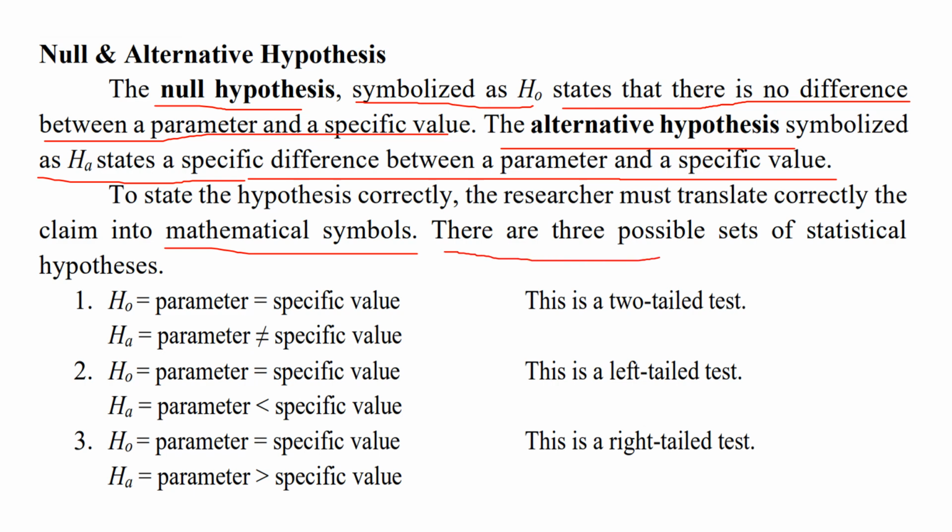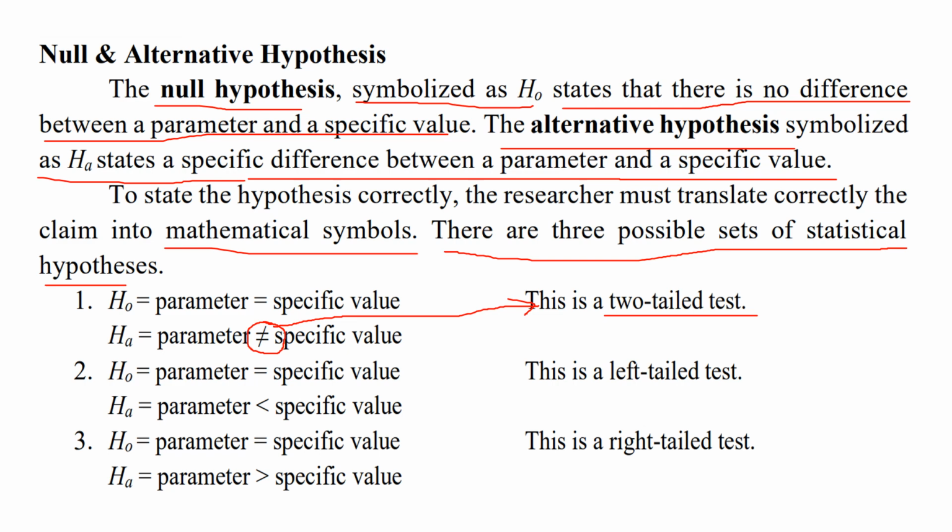So there are three possible sets of statistical hypotheses. The first one is a two-tailed test. These two-tailed tests depend on the symbols from your alternative hypothesis because you don't know if that parameter is less than or greater than your specific value.